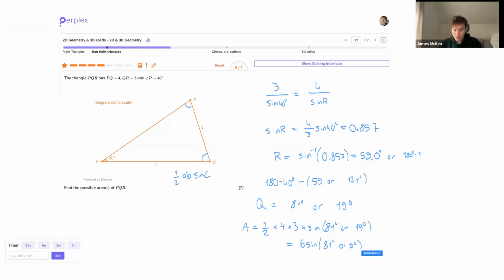If I evaluate for 81, sine of 81 is 0.987, so times 6 gives me 5.93. And if I do sine of 19 and multiply that by 6, I get 1.95.